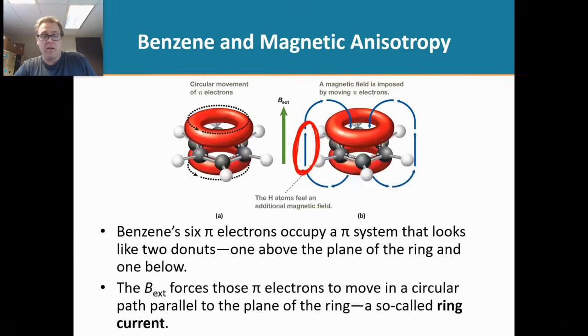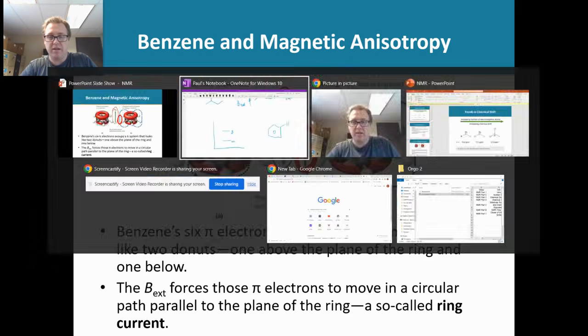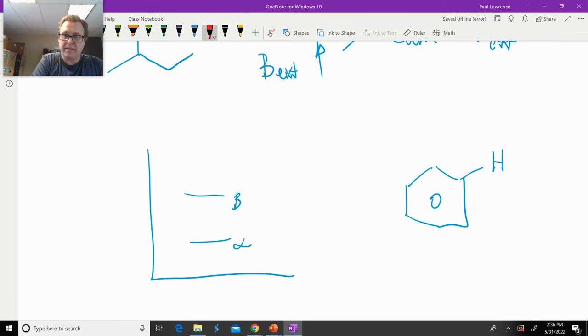But the anisotropy here shows us, hey, this is being added to the external magnetic field. So what it actually looks like is it's much larger, that gap is much larger between the alpha and the beta state than what we would predict based off of just electronegativities.